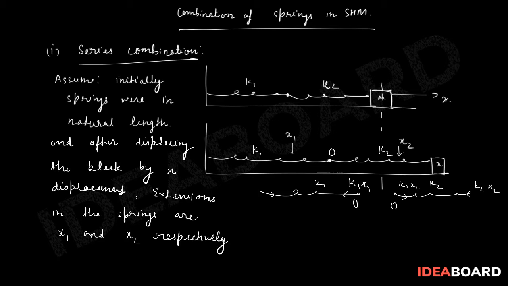Correct? And now if you see the FBD of the block, this block is connected with the second spring. That means K2x2 will be the restoring force, right? So that means we also achieve the value of restoring force. F restoring is equal to K2x2, right?